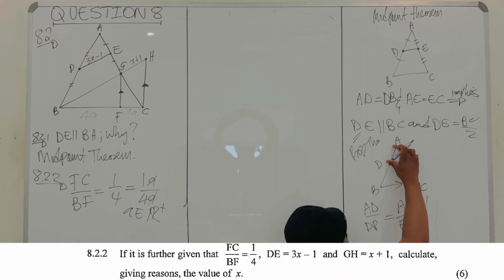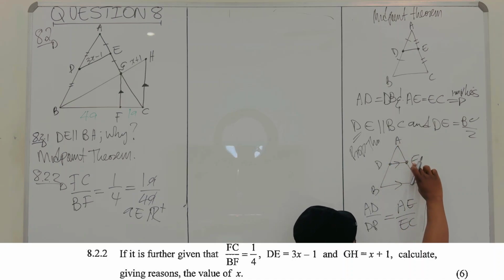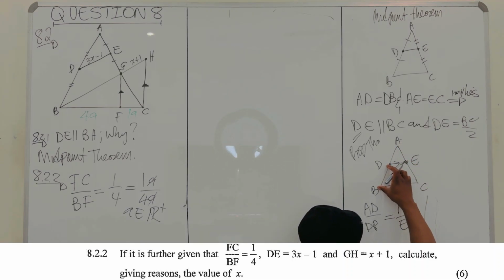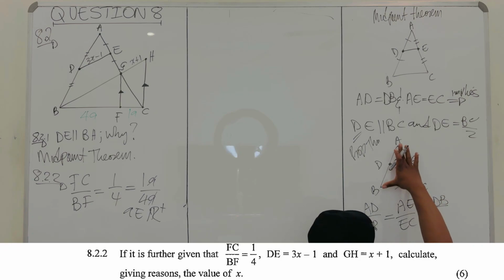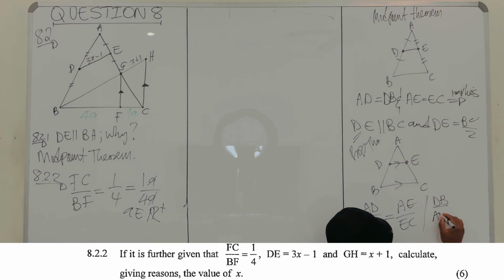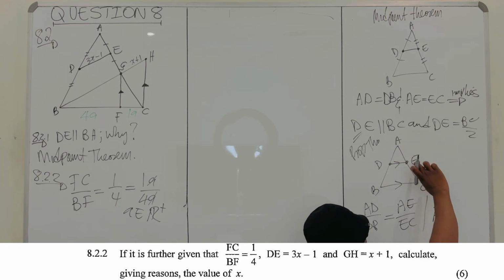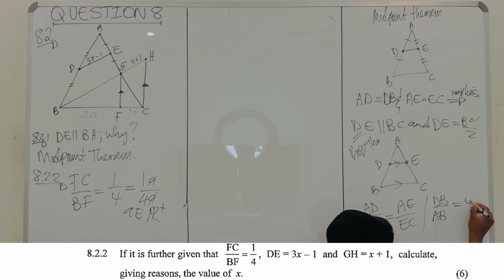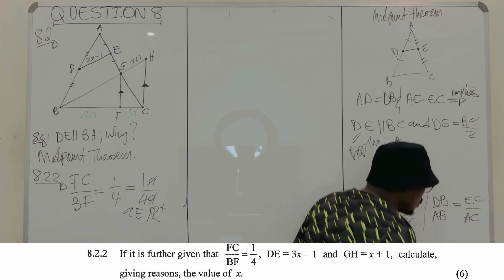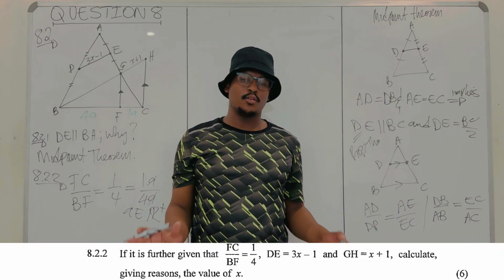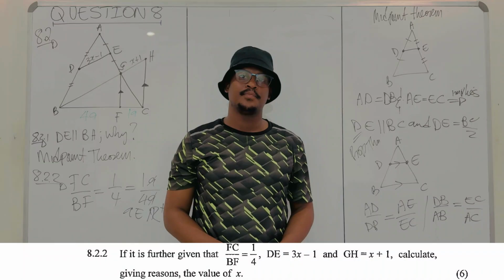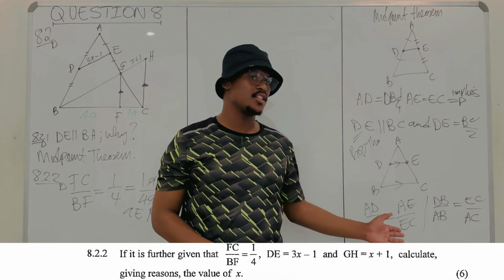For example, I said the top part over the bottom part is equal to the top part over the bottom part. I can say the bottom part, which is DB over the entire part, which is AB, should be the same as the bottom part on the other side, which is EC over the entire side, which is AC. So, as long as you take the ratios of the same parts, those ratios will always be the same. That's what the proportionality theorem says.